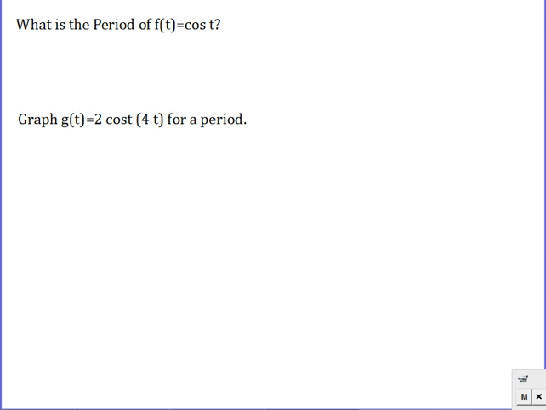Next question. What do we got here? It says, what is the period of this? Well, this is cosine. And cosine, when we graphed it, we were talking about the shadow on the Ferris wheel.